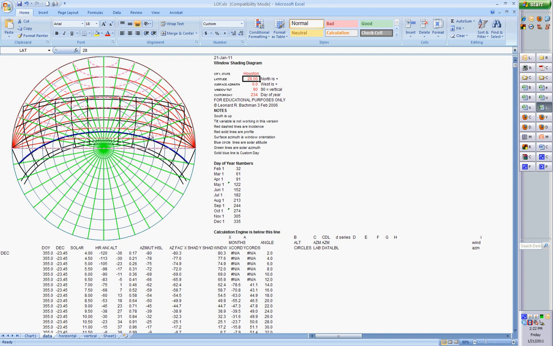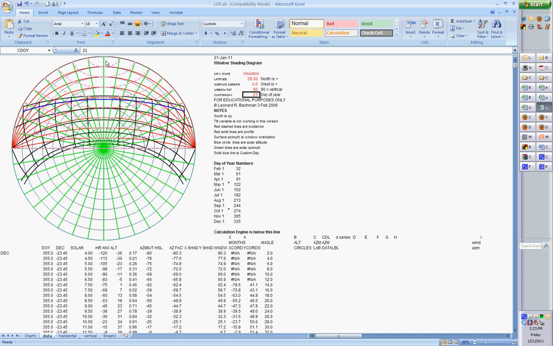So today's January the 21st, right? And that corresponds to there. Now, the black lines are day of the month, month of the year, and these crossing lines are hour of the day, with noon being here, south being here, so this corresponds to solar noon.